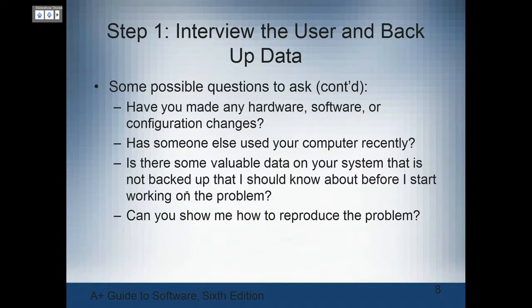Any hardware changes, software changes, configuration changes. Anybody else use your computer? If somebody else used your computer, they may have done something that you didn't really like or didn't know about. Some valuable data in your system that is not backed up.